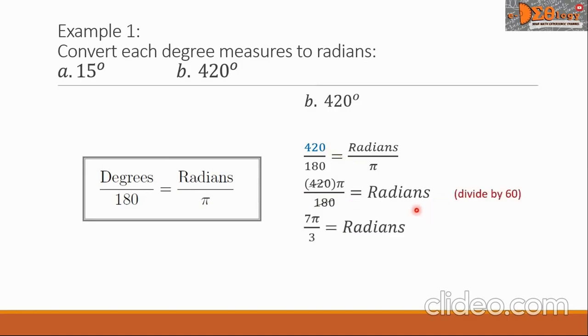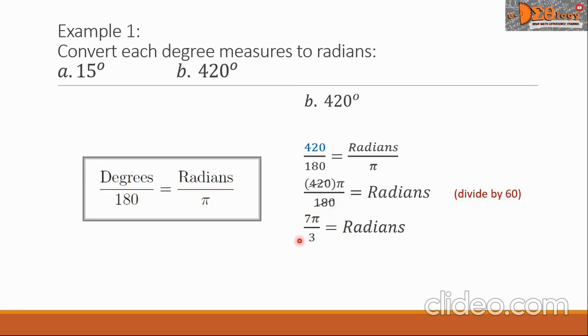Simplifying further, we're going to divide by 60 the numerator and the denominator of the left hand side. So 420 divided by 60 is 7. Then we will copy the pi down here over the 180 divided by 60, which is 3, equals the radians.